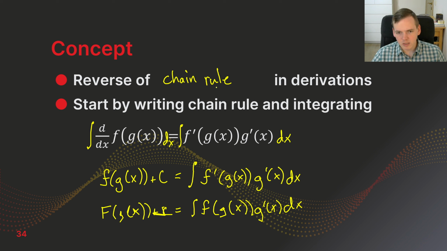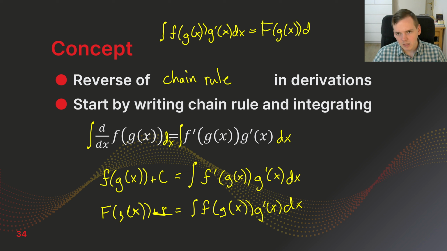More commonly, you'll see it in this form: the integral of f prime of g of x times g prime of x dx is equal to f of g of x plus c.